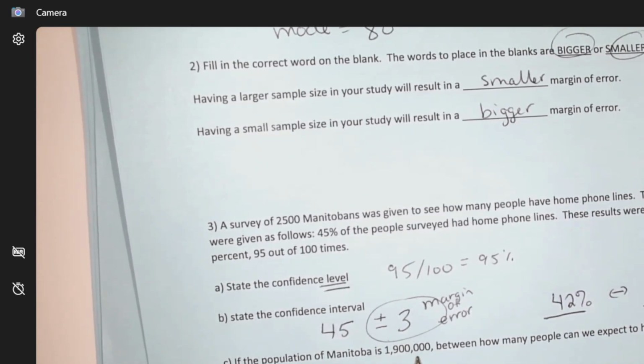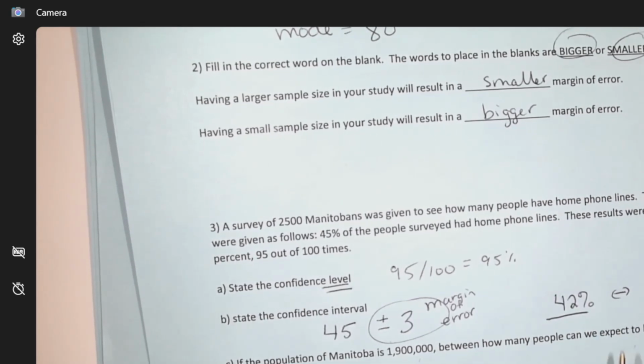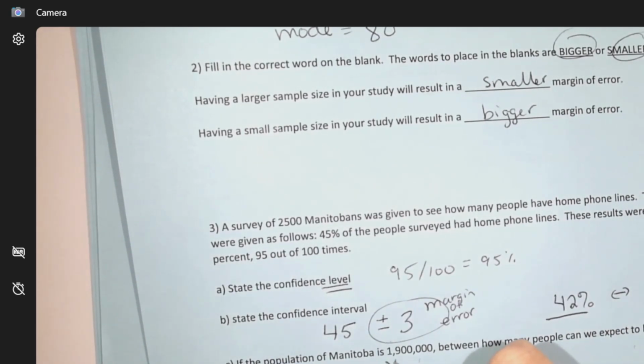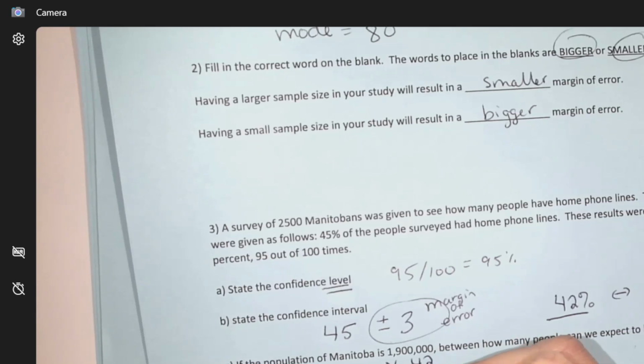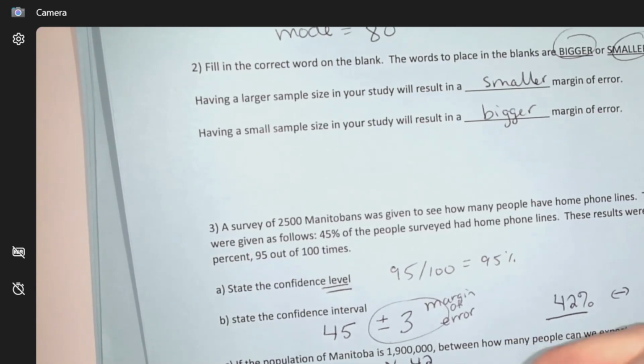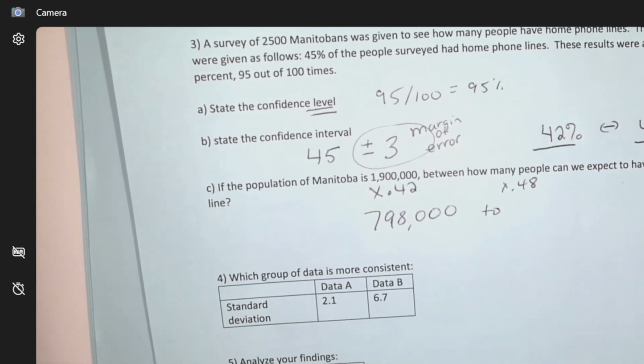So if there's this many Manitobans, how many can we expect to own home phones? So times this number by 42%, then times that number by 48%.